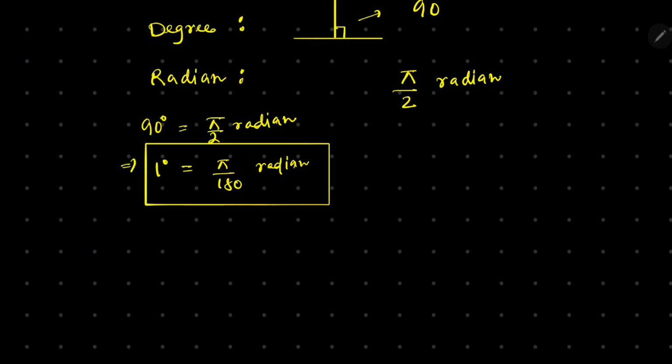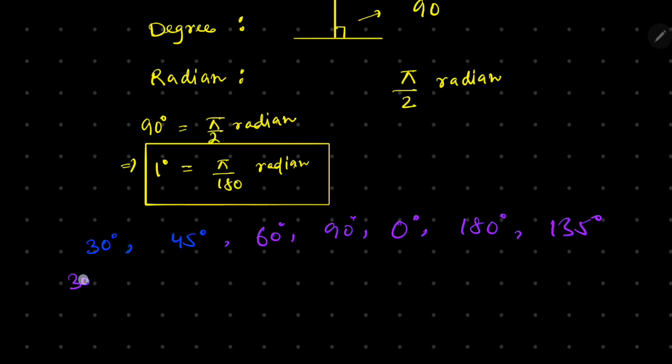For example, we have 30 degree, 45 degree, 60 degree, 90 degree, 0 degree, 180 degree, and let's say 135 degree, and we have to convert them into radian form. What we have to do is multiply with pi by 180.